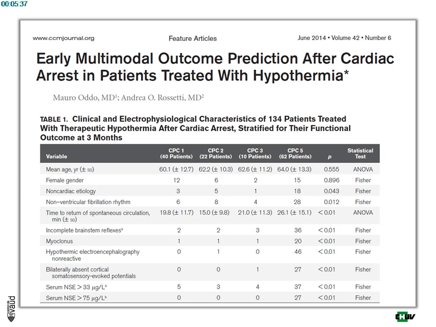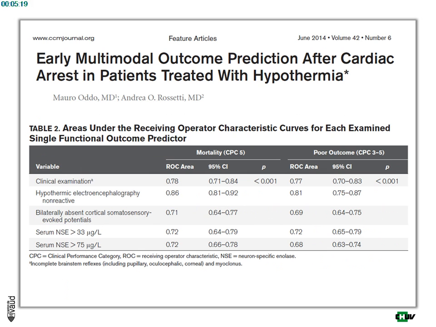You can see all the tests done on the left-hand side. Here again, there are 5 patients who arrived and they were perfectly fine. NSE over 33, even if you include CPC 1 and 2, same. When you have zeros, that's really EEG and evoked potentials. Now you take each test and you only have the clinical examination. Not bad, 0.78.